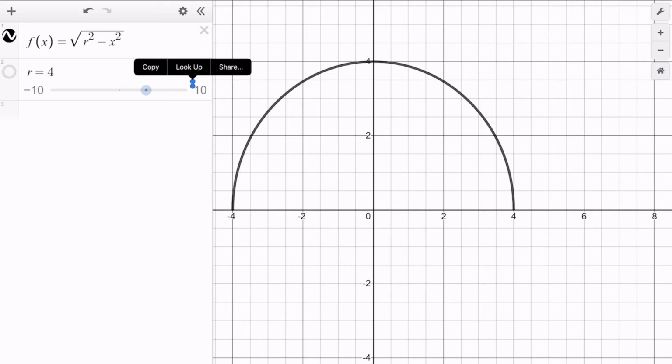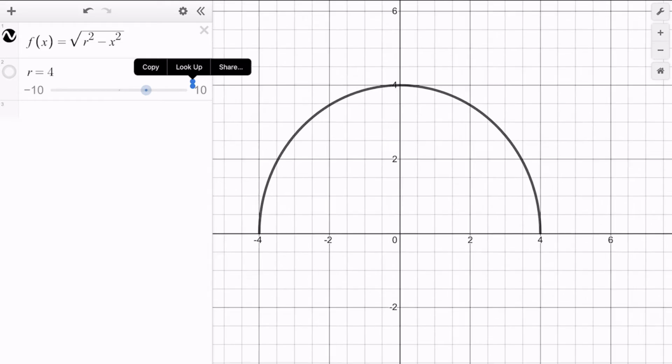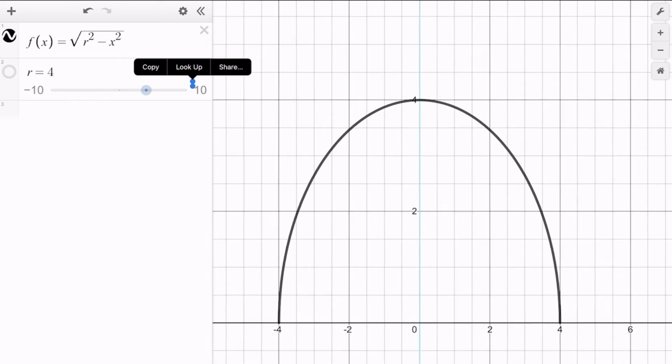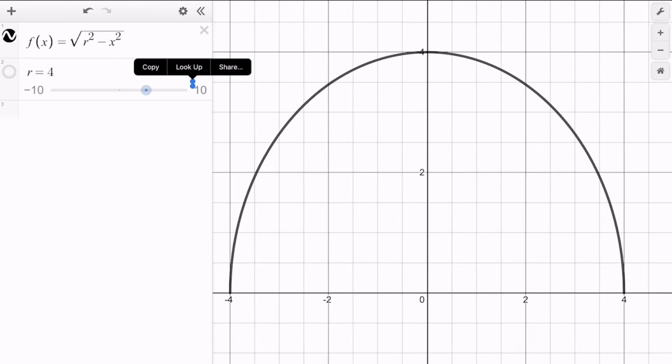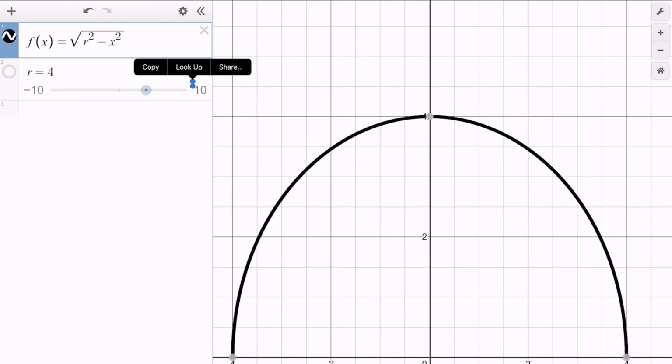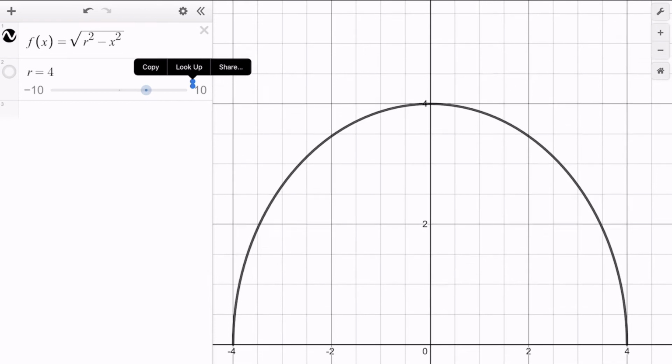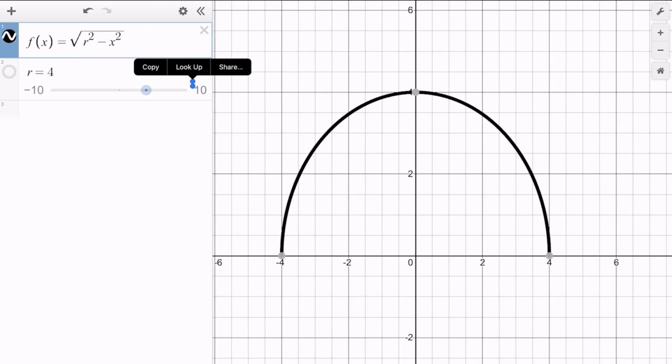It doesn't exclude those. As far as the range goes, well, it's everything along the y-axis, so everything down here, from the y-axis all the way up to 4. So my range is going to be all the y values from 0 to +4, whereas my domain is everything from -4 to +4.